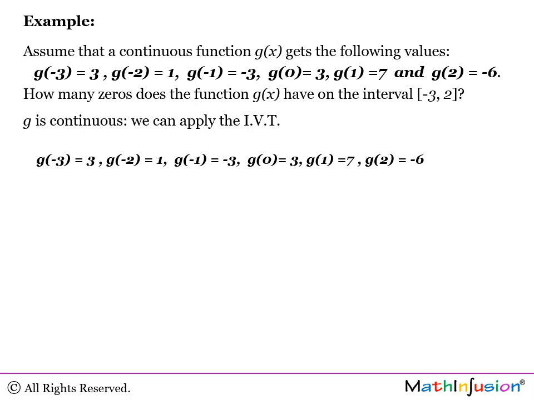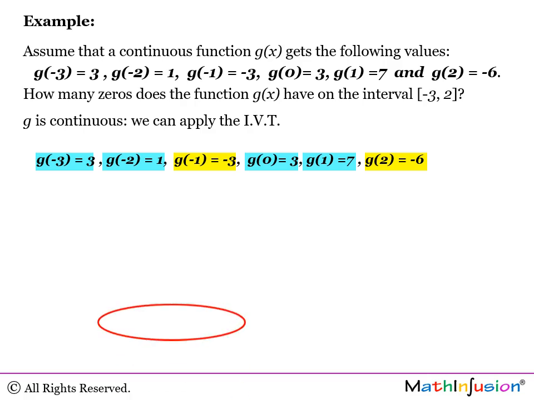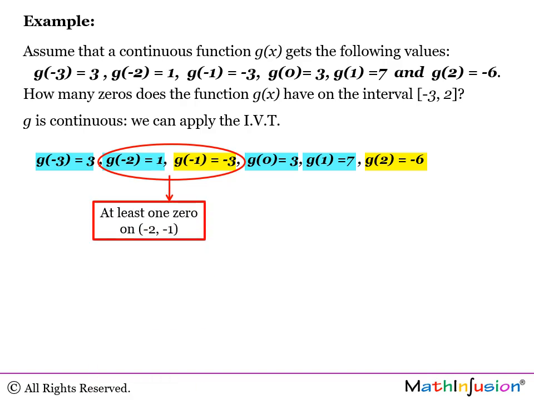So here is the list of the values of g. I'm going to highlight in blue all the positive values and in yellow the negative values. Now we just have to notice how many times the function is changing sign. There is one change in the sign here. By the theorem, we know that the function has at least one zero on the interval [-2, -1].